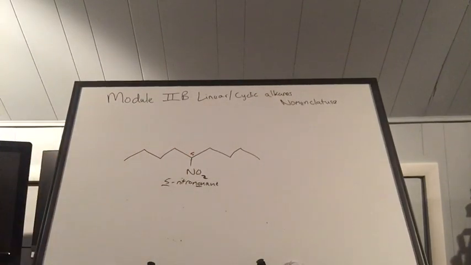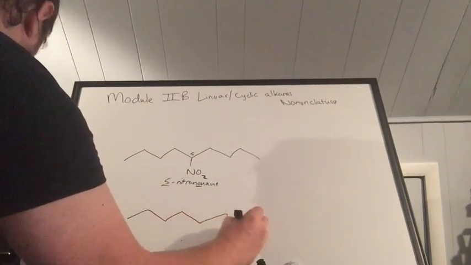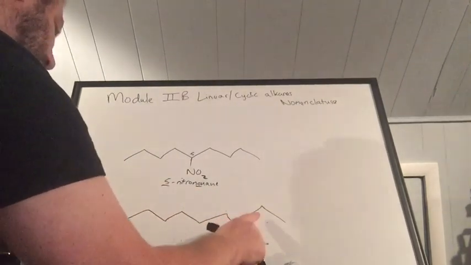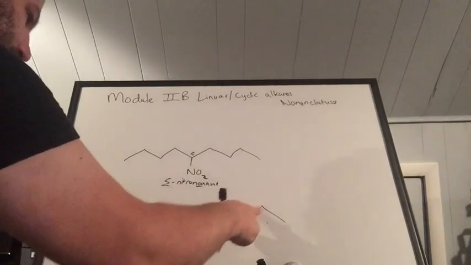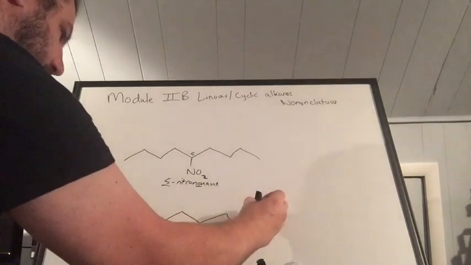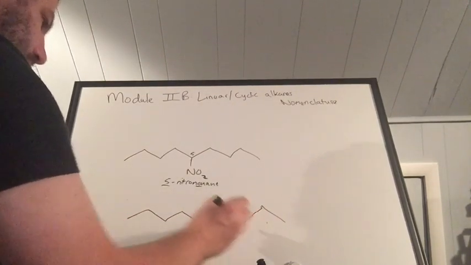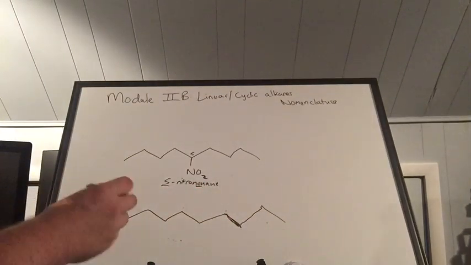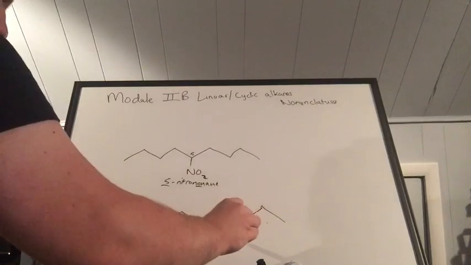Okay. Now, here's another. So we have 1, 2, 3, 4, 5, 6, 7, 8, 9. Sorry about that wacky looking bond there. Okay, so we have 2 chloro groups.